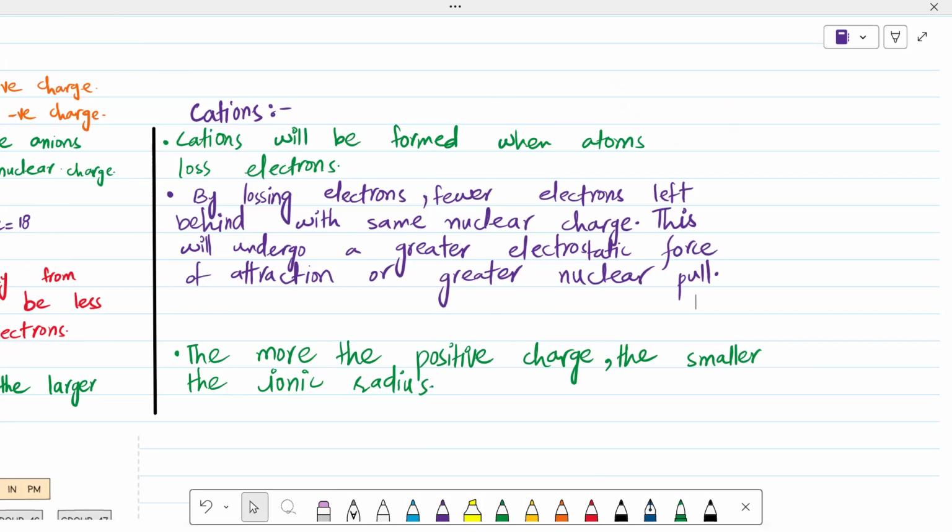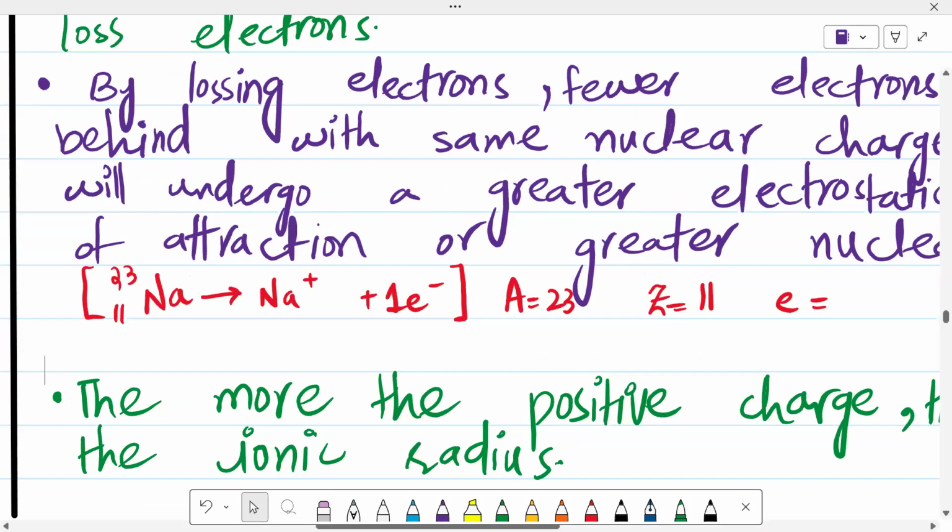Now can you tell me, A is 23, Z is the same. What is the electron number now? What will be the electron number for this example?